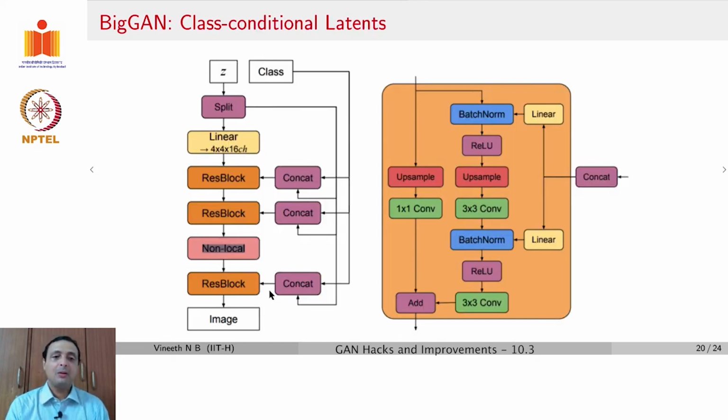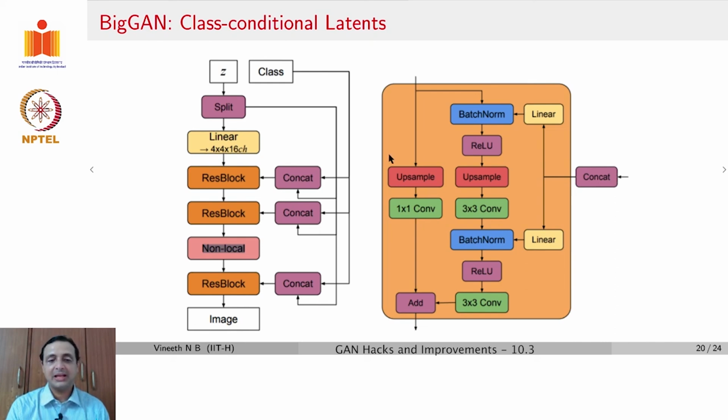In addition, BigGAN also introduces class conditional latents in a slightly different way. Instead of a class conditional latent, which could be a one hot vector, giving that directly to the input of the generator, the class conditional latent is given as a separate input at multiple stages of generation, where it's concatenated with certain input and then given to each of these residual blocks.